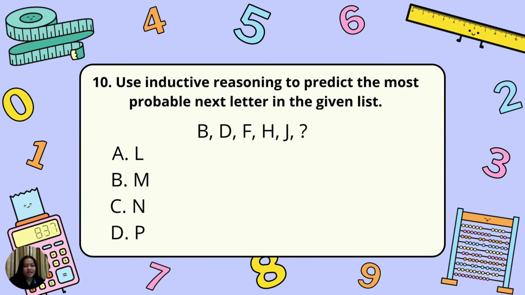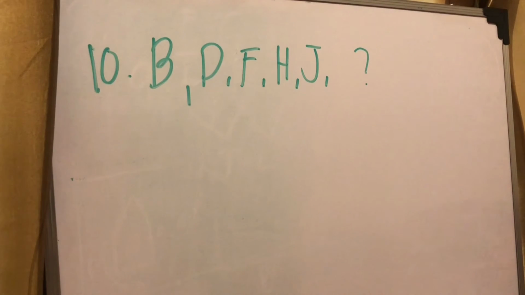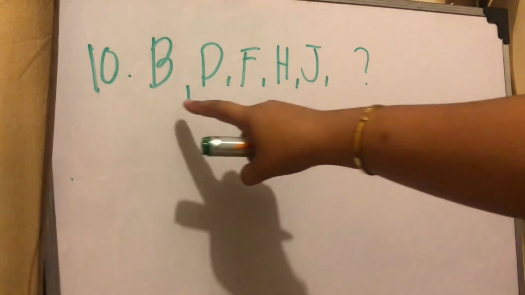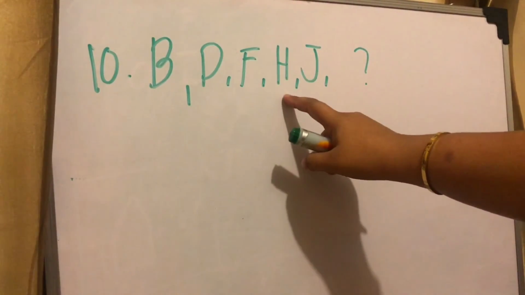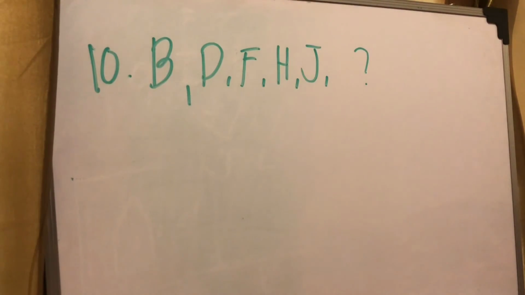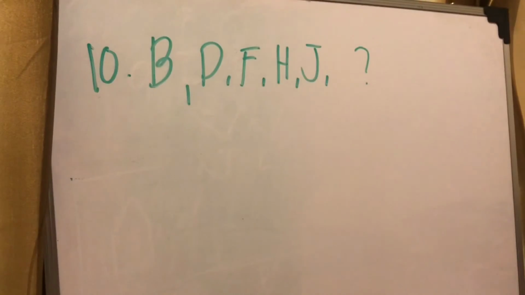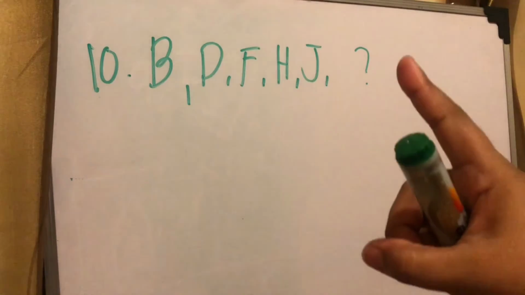And last one, number 10, use inductive reasoning to predict the most probable next letter in the given list: B, D, F, H, J. Example number 10, we have here the series of letters B, D, F, H, J. And again, their difference is only one letter.